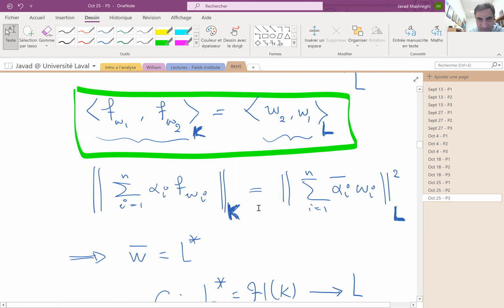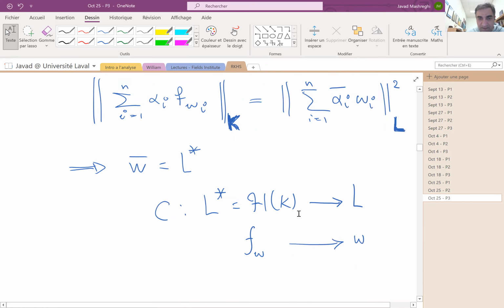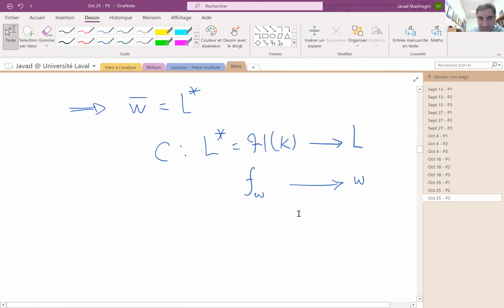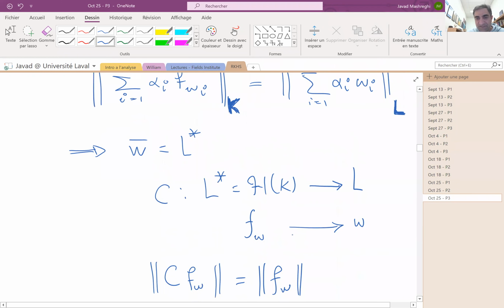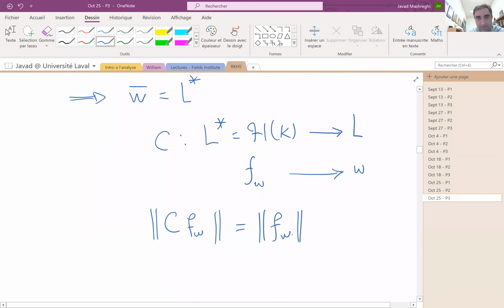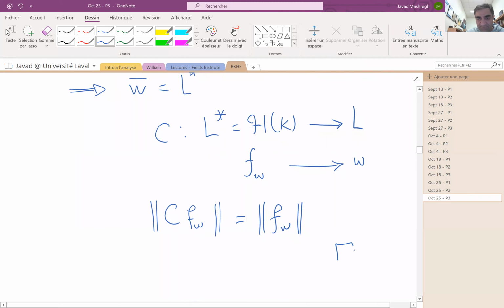It's not indeed something new. I have done this before. So we have this C, and C is an isometry. But it's conjugate, because of the bar which is there. So this ends the proof, what I wanted to prove.